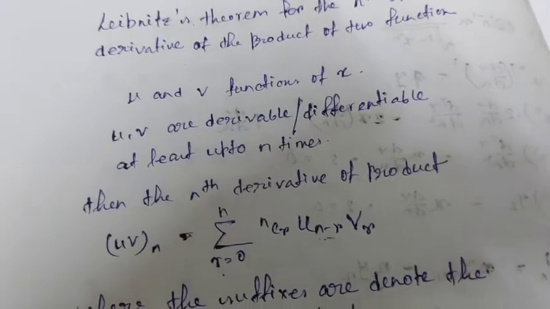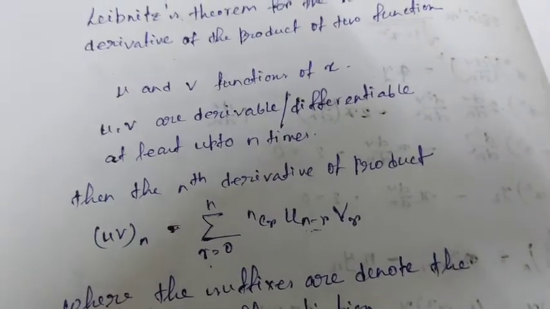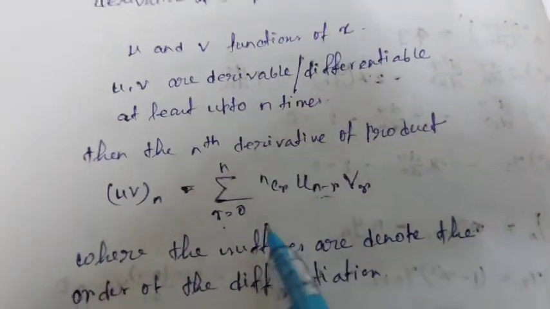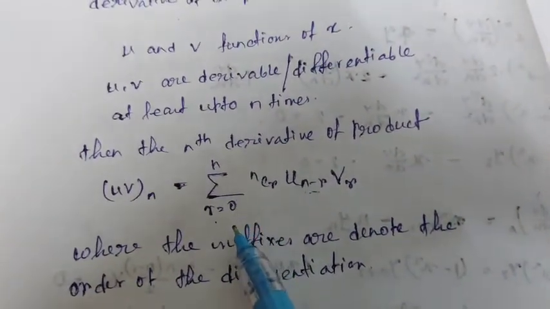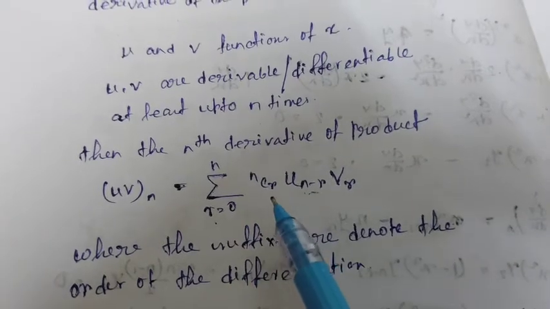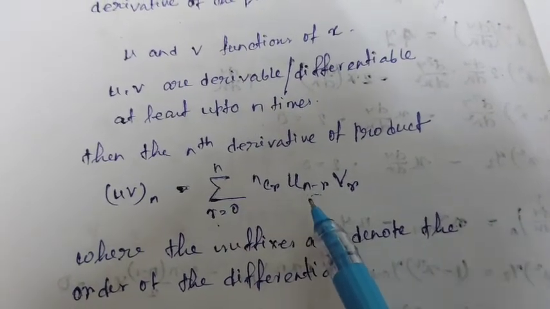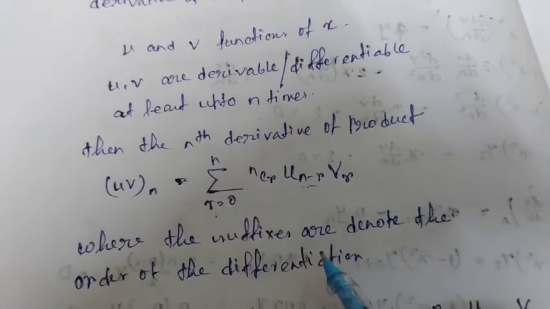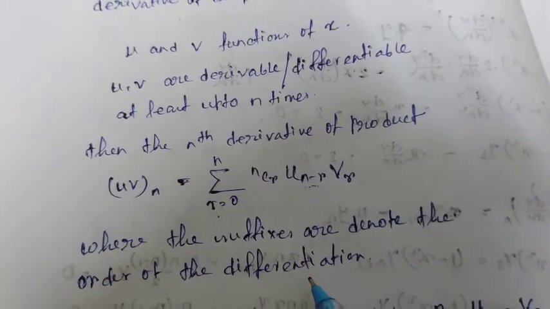Then the nth derivative of the product we can write as (uv)n equals the summation over r equal to 0 to n of nCr u(n-r) v(r), where the suffixes denote the order of the differentiation.